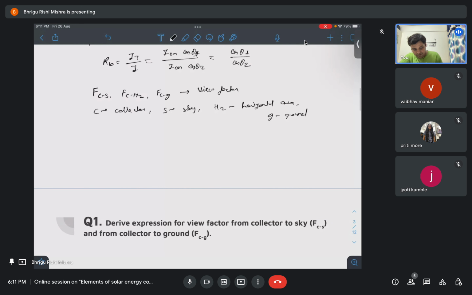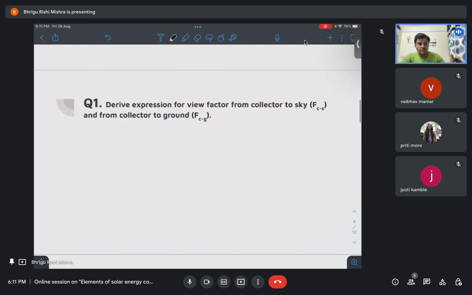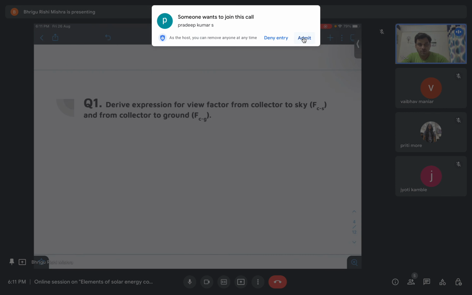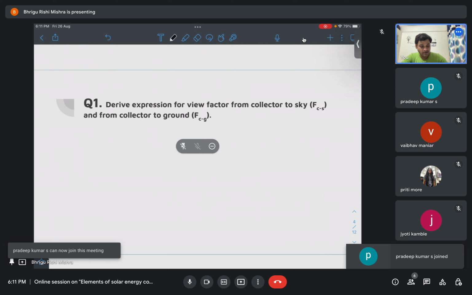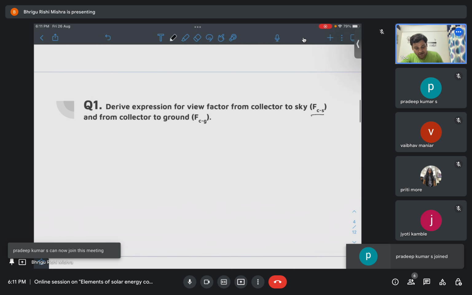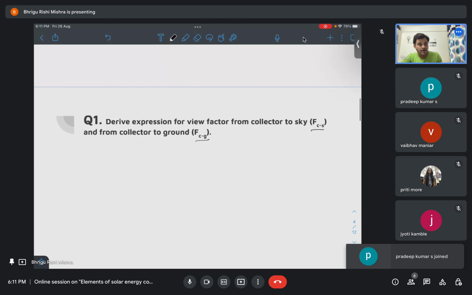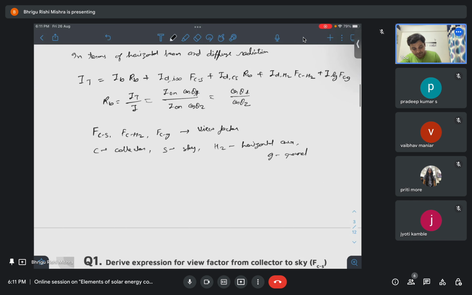Okay, so the first question is derive the expression for view factor from collector to sky, that is FCS, and from collector to ground, that is FCG. These two angles we will derive, which will complete this expression.